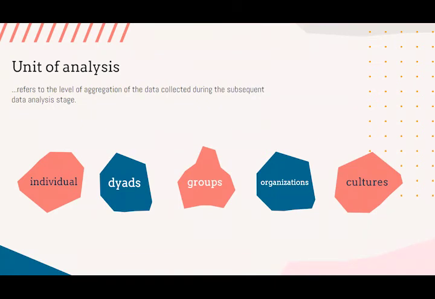If you are comparing the children in two classrooms on achievement test scores, the unit is the individual child because you have a score for each child. On the other hand, if you are comparing the two classes on classroom climate, your unit of analysis is the group, in this case the classroom, because you only have a classroom climate score for the class as a whole and not for each individual student.